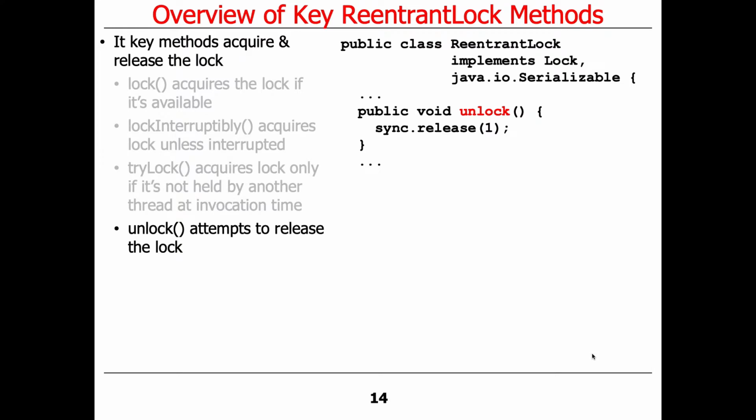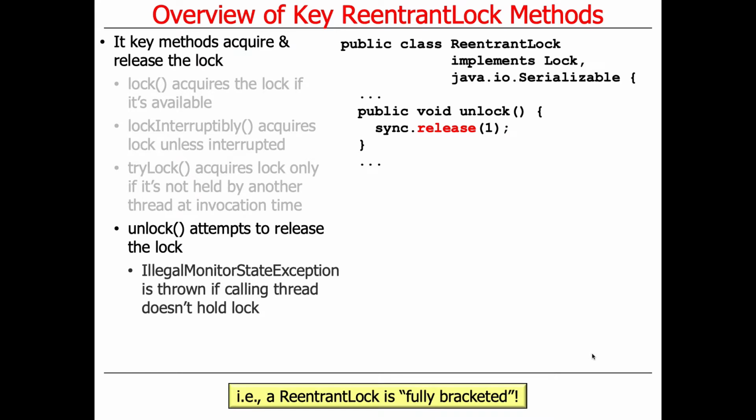And then finally, unlock attempts to release the lock. As you can see here, it just goes ahead and releases, giving one permit back to the locking mechanism. The reason I said attempts to release the lock is that it might not actually be released, for several reasons. Number one, if you don't currently own the lock, then an IllegalMonitorStateException will be thrown.